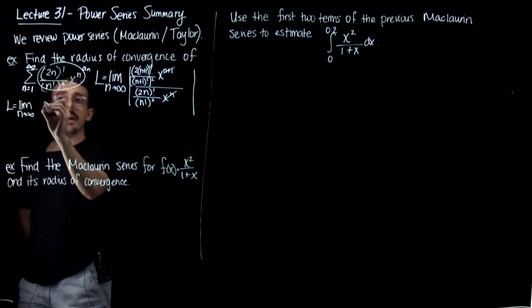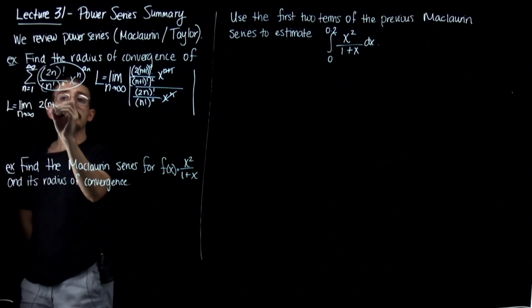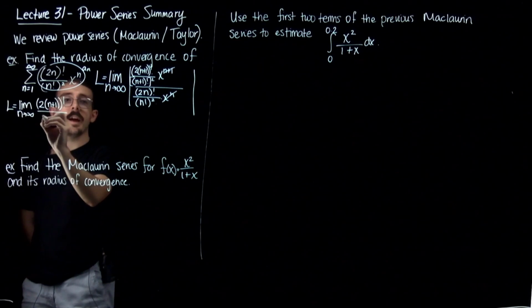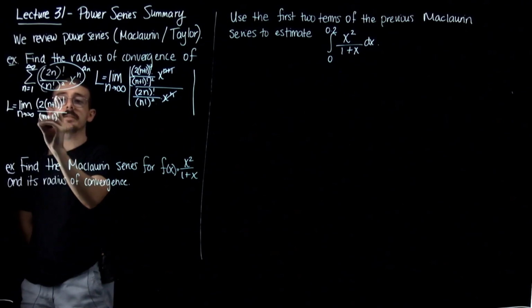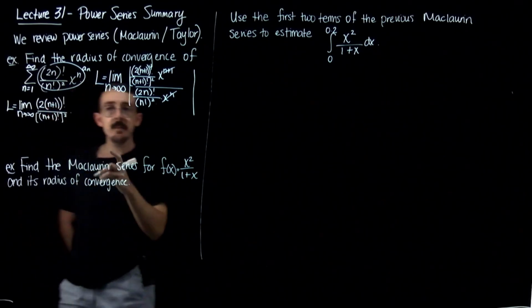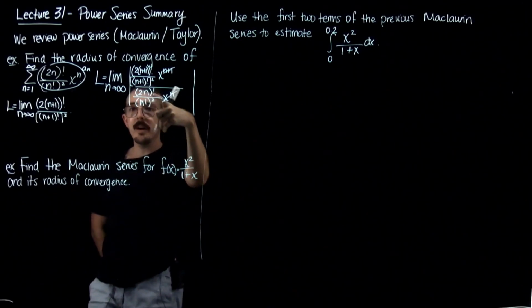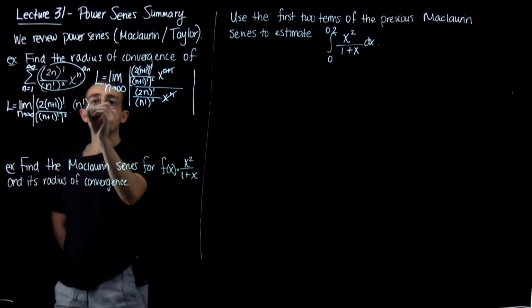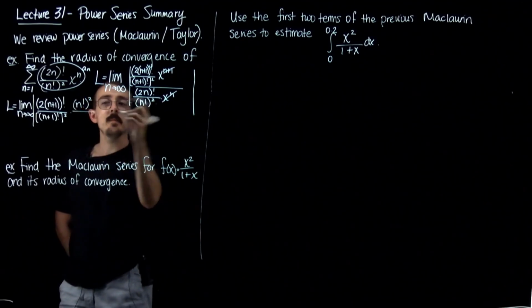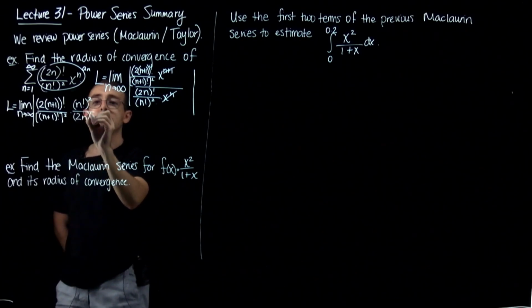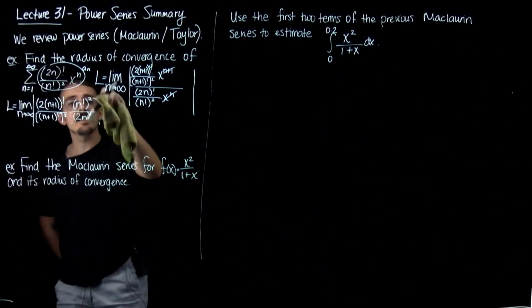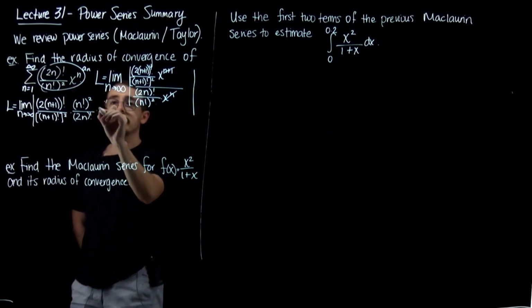The first fraction I'm going to keep: 2 times n plus 1, all factorial, over (n plus 1) factorial, all squared, times, I'm going to flip the bottom fraction, so n factorial squared divided by 2n factorial. And I also have that x still inside the absolute value bars.